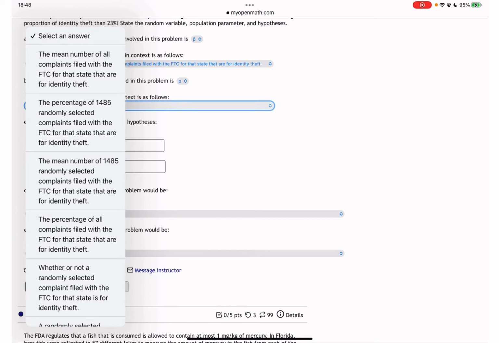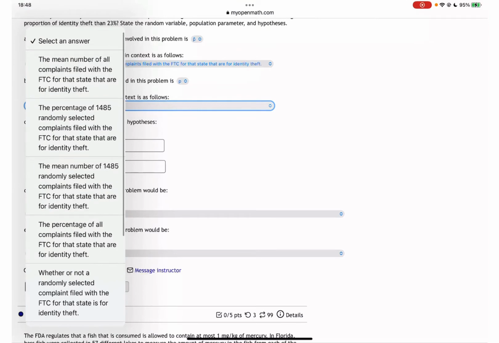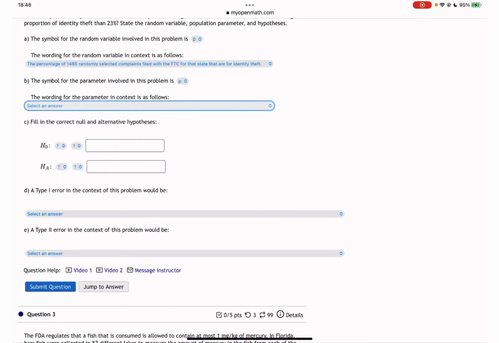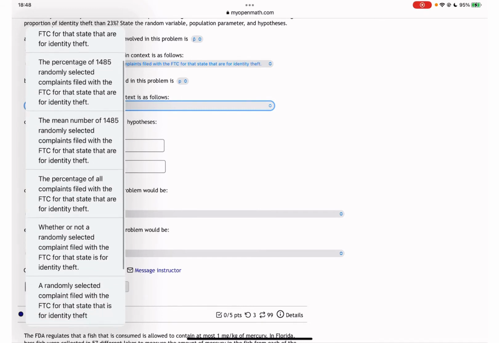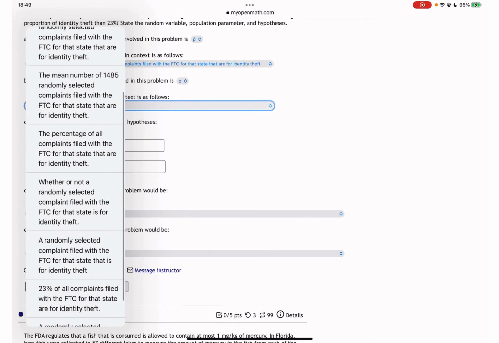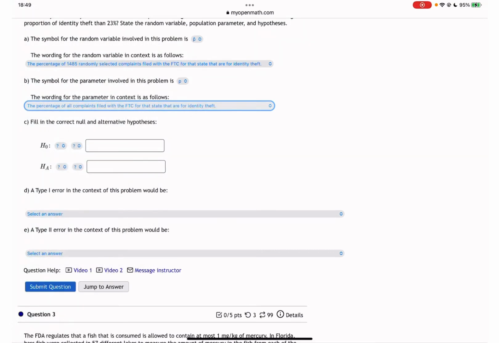The percent of all complaints filed with FTC for that state that are for identity theft. That is B. Because it's representing the entire population, that's why we are using all complaints.